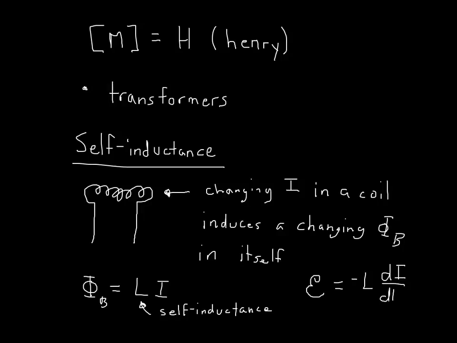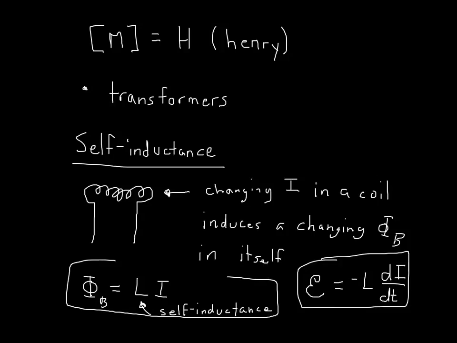You can read all about all these equations in your book, and you will need to for this chapter. And most importantly, you'll really want to practice to try to understand this negative sign. Where does this negative sign come from? How does Lenz's law work? And what does it mean that induced current resists change?